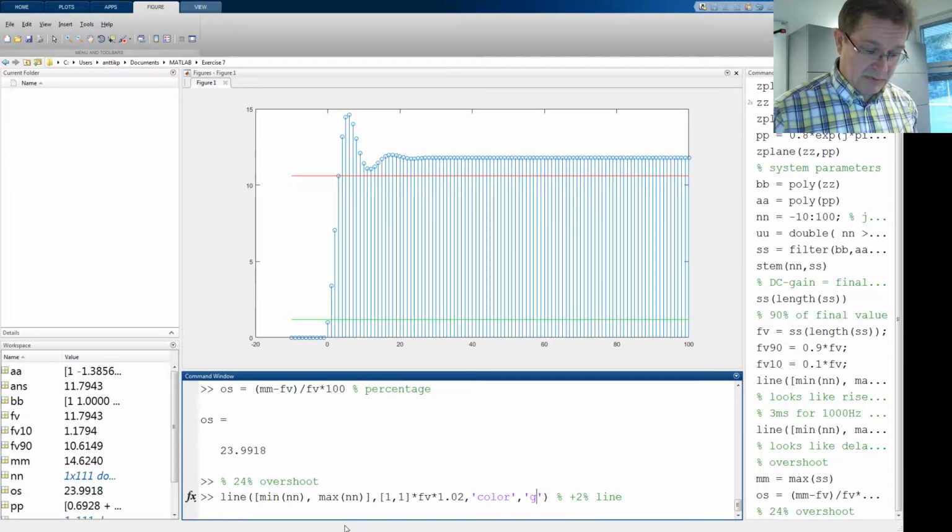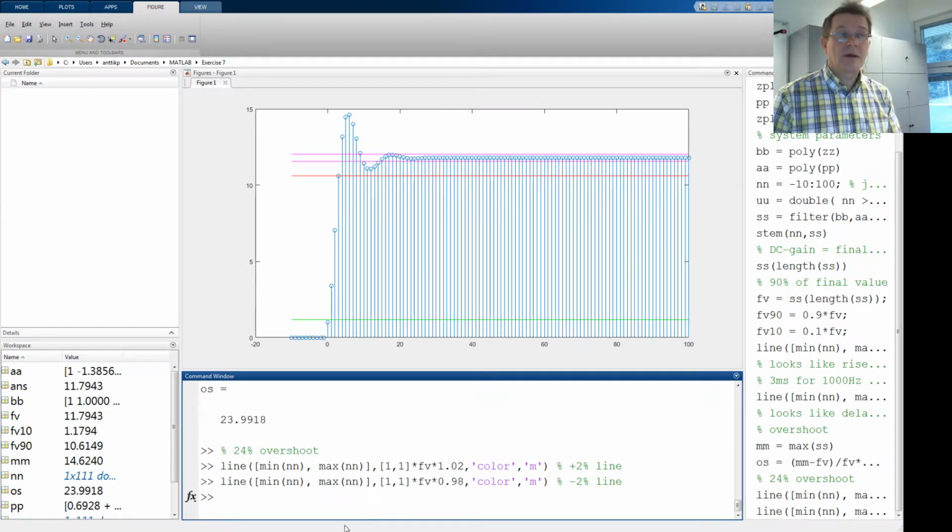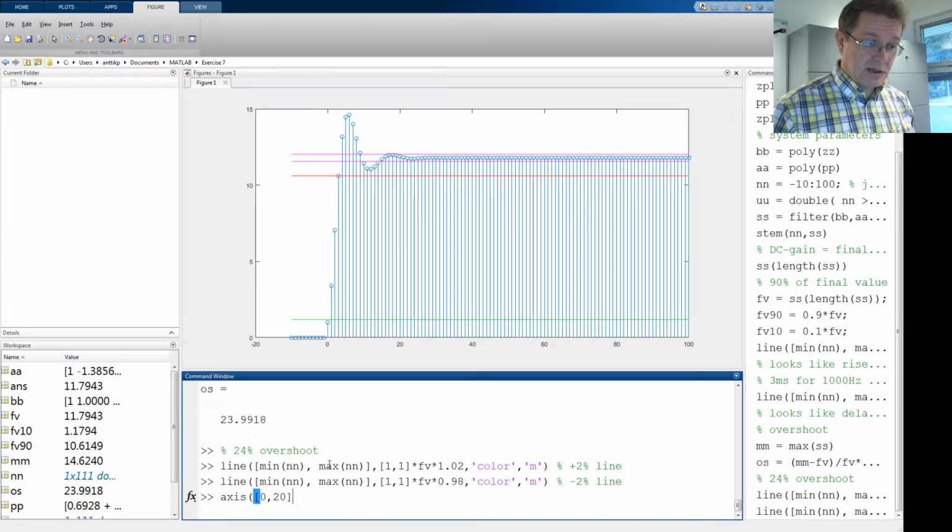Okay, green, maybe magenta there. And then of course we need to also put the minus 2% line here. And there, let's zoom it a little bit. From maybe 0 to 20, and from okay, 12 to 14 maybe.